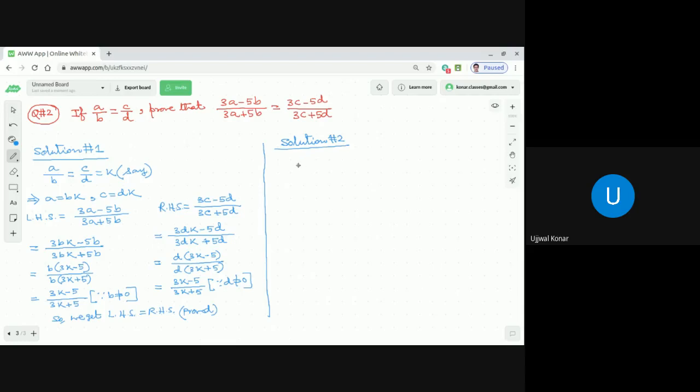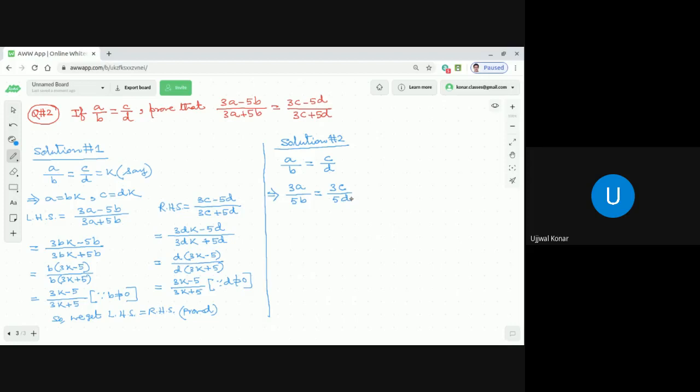According to the question, we have a by b is equal to c by d. Now we are going to multiply both sides by 3 by 5. This implies 3a by 5b is equal to 3c by 5d.